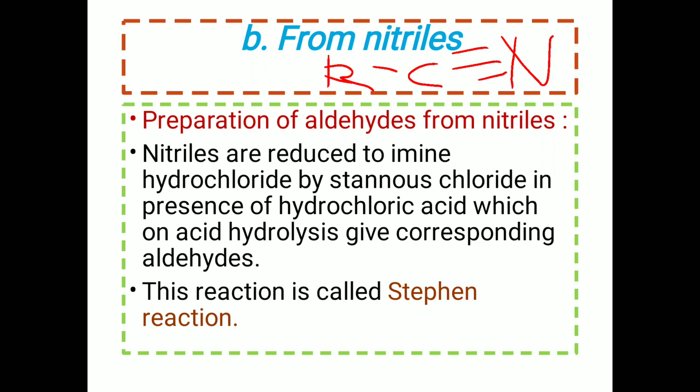Now aldehydes and ketones both can be obtained from nitrile, but by different reactions, using different raw materials. The first is the preparation of aldehydes from nitriles, and the second is the preparation of ketones from nitriles.